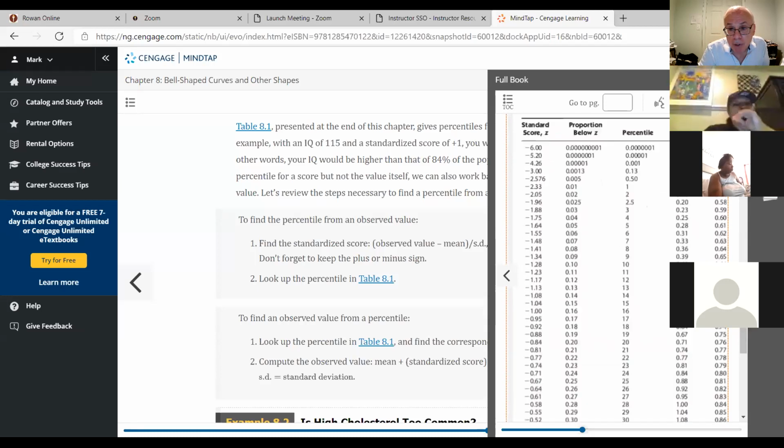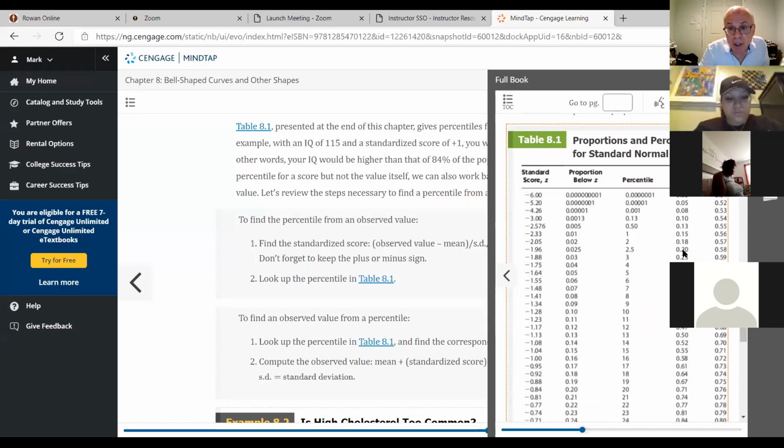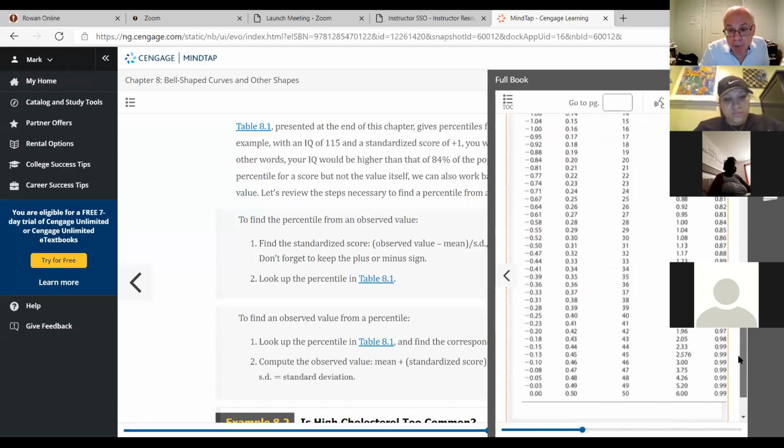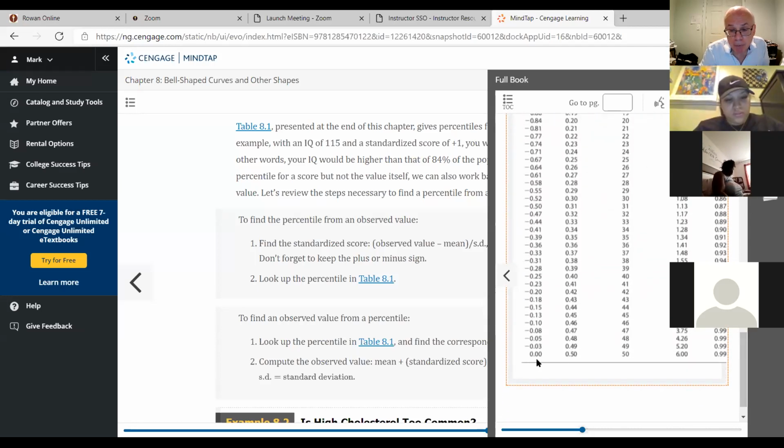Notice that they also have here the percentile, which is the percent below. So 50% is below 0. Well, that makes sense. But how about any other z-scores or standard scores? For example, if I got negative 0.67 as my standard score, 25% of the data is less than that. My percentage below it, or my percentile, is 25%.